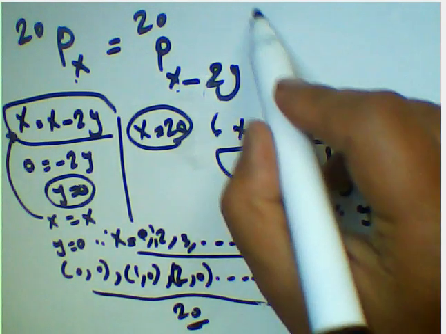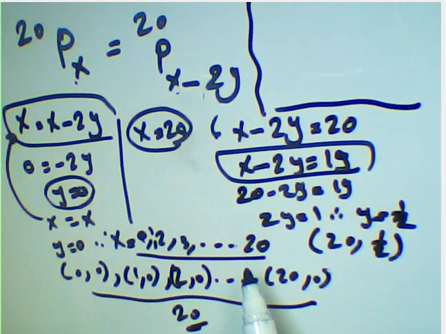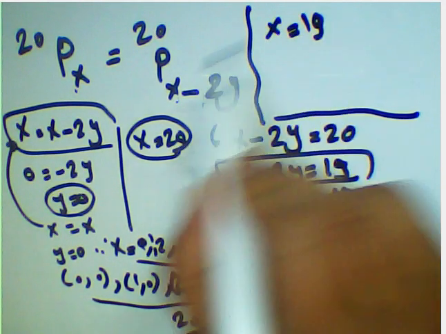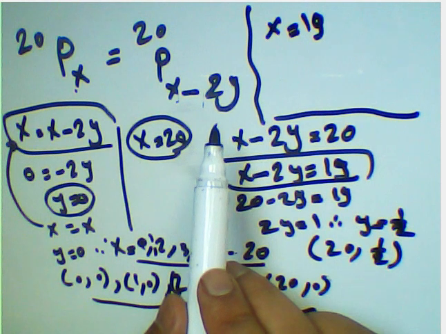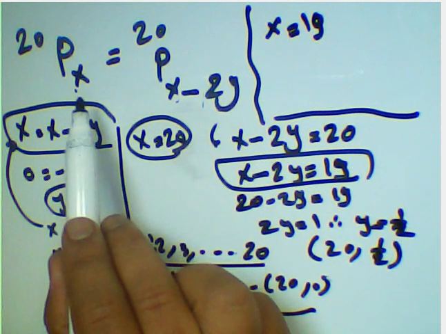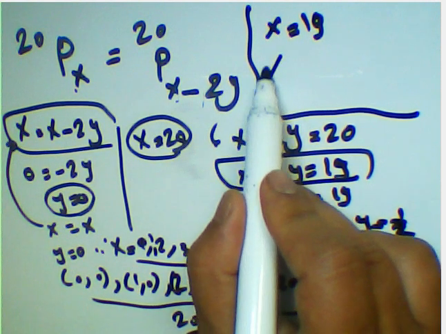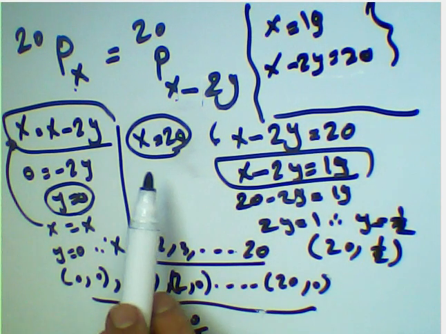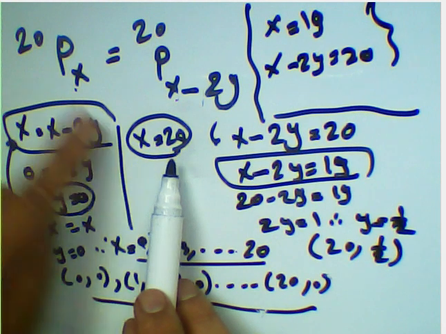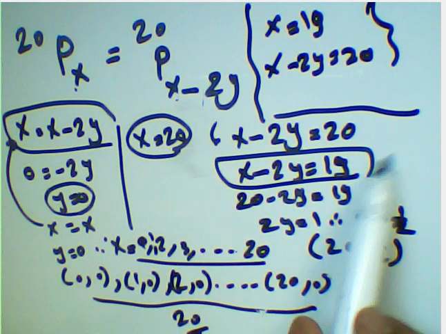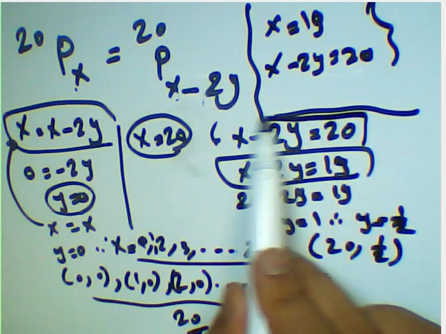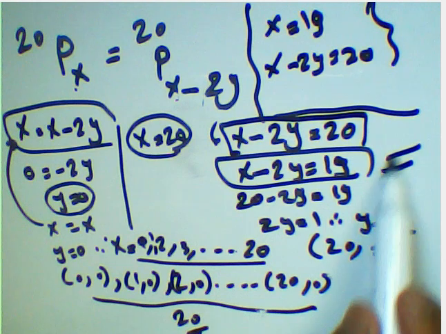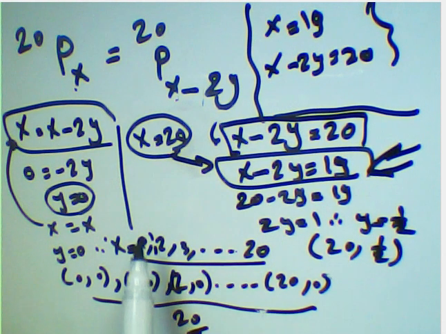Or we have another solution about this example. Put x equal 19 here, then y equal what? We know x equal 19 and x minus 2y equal 20. Okay, again, if x equal 20, x minus 2y equal 19, and put x equal 20 here.